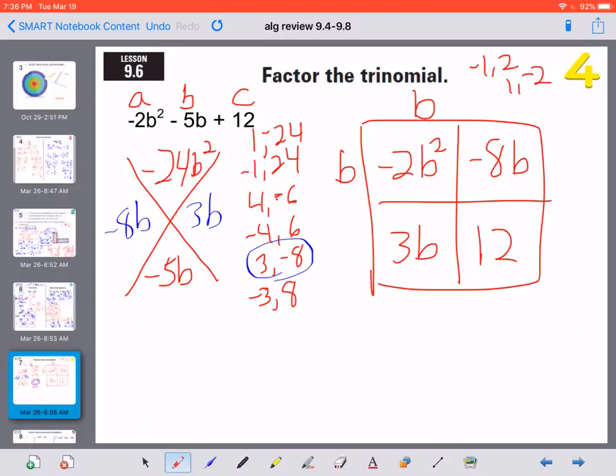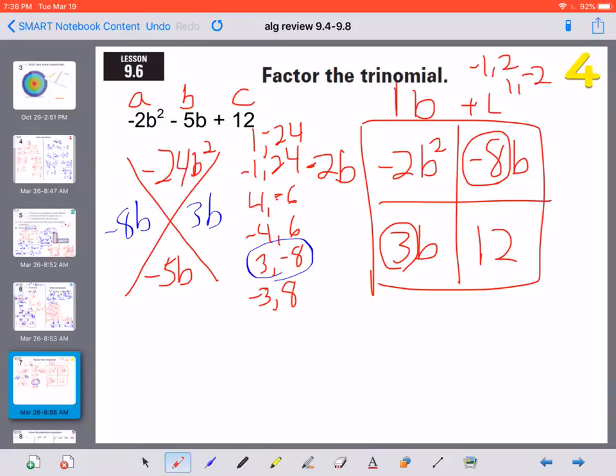Now I see that I have an 8 here, so I can't multiply anything by 2 to get to 3. So I know that my 2 needs to go here. I also see that it's a negative 8, so it's going to be a negative 2b. Here I'll just have 1b, because negative 2 times 1 is negative 2. Negative 2 times what gives me negative 8?